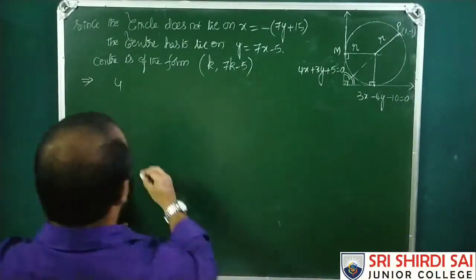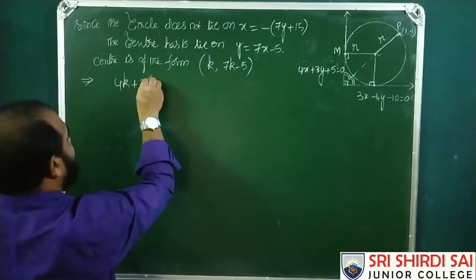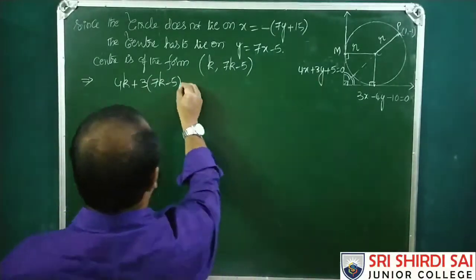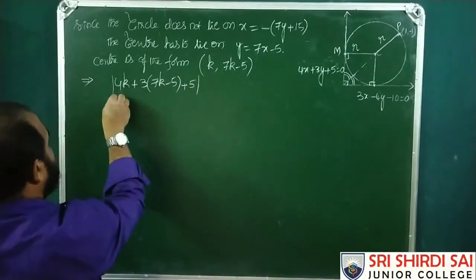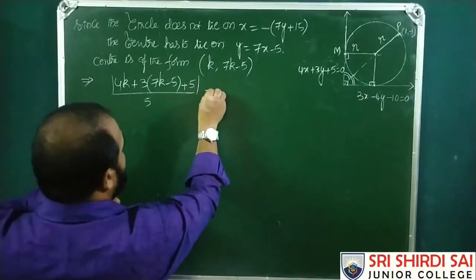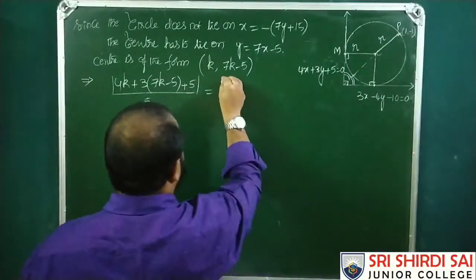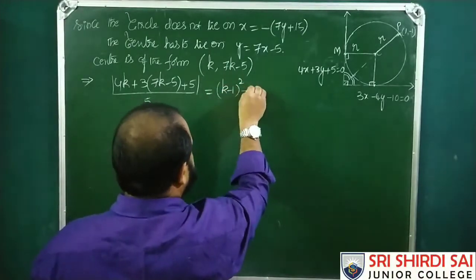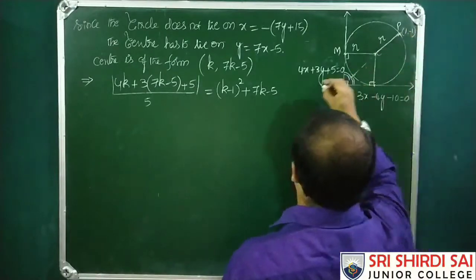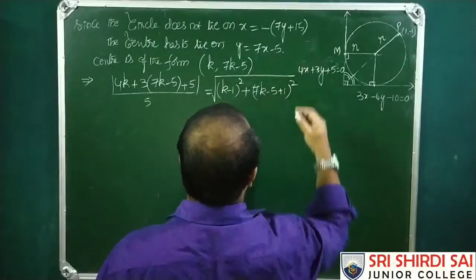So 4k plus 3 into 7k minus 5 plus 5 by square root of 4 square plus 3 square, so root 25, 5, is equal to k minus 1 whole square plus 7k minus 5 minus of minus plus 1 whole square under root.